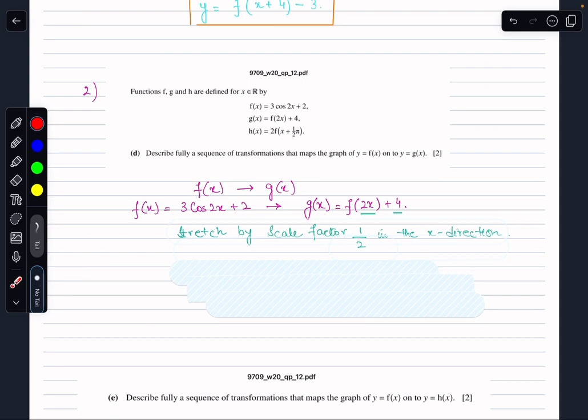So here what I should know is that it's the stretch by scale factor 1 by 2 in the x direction.